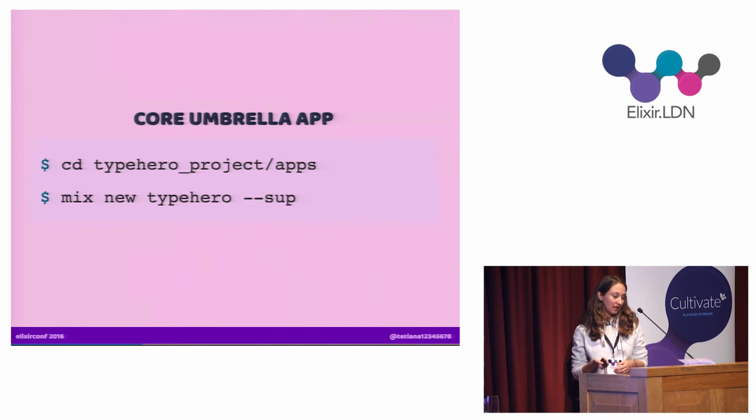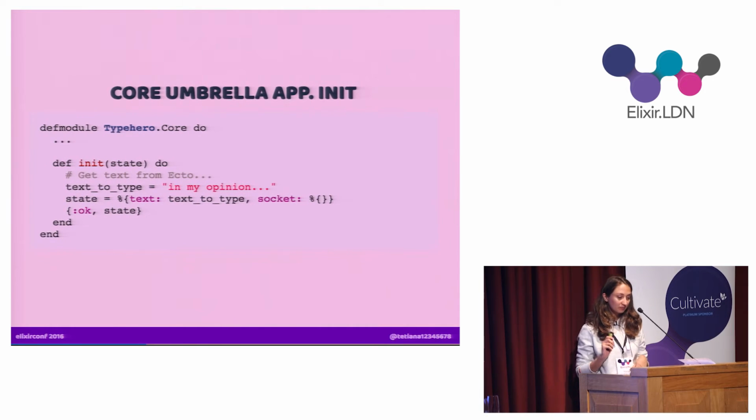So we get the text back. Our logic piece is another umbrella application, so we need to generate another application, initialize it, which is just going to return a text. It's hard-coded here, but it could be fetched from an actor or from somewhere else.